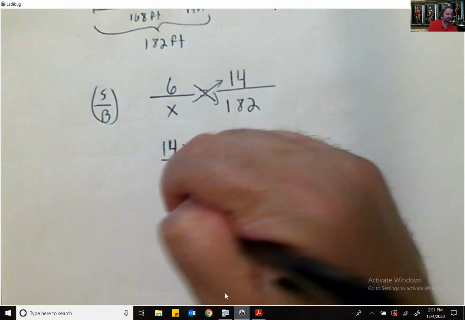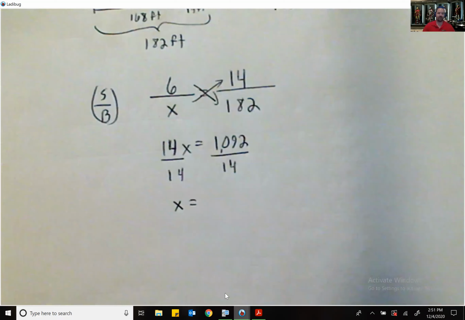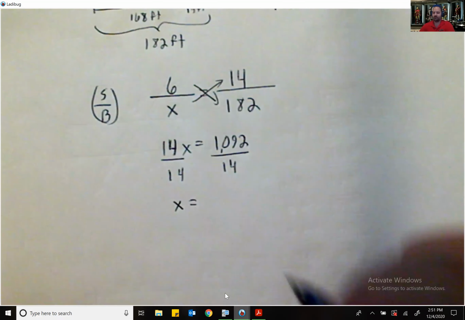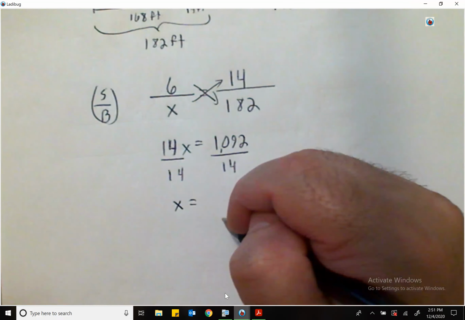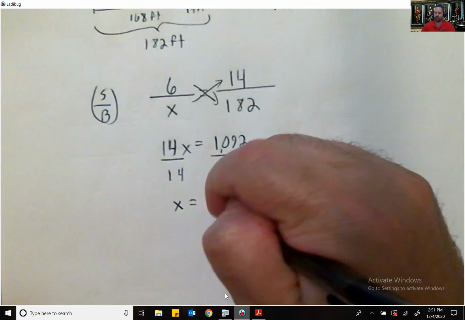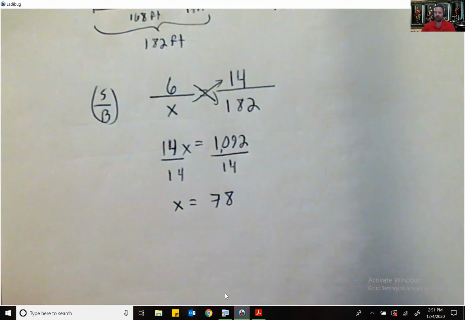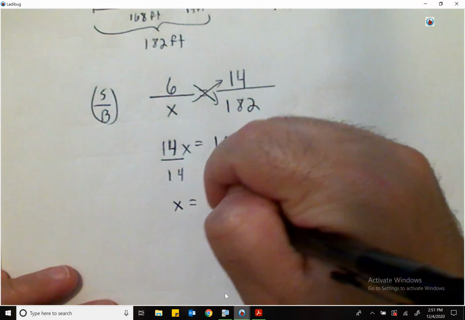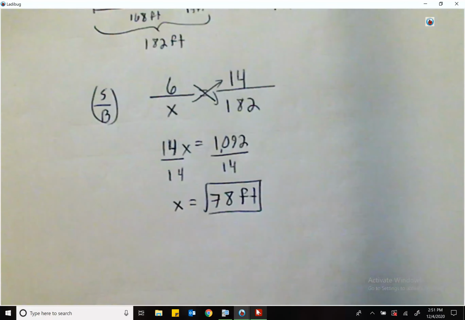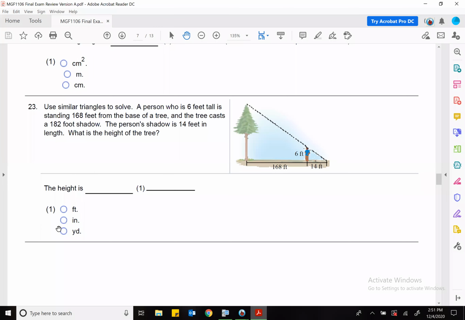So X is equal to, what'd you get? 78. What's the label going to be? Feet, because it doesn't change. 78 feet, perfect. And then now you answered the other question, which was, what's the label? And you would select feet.